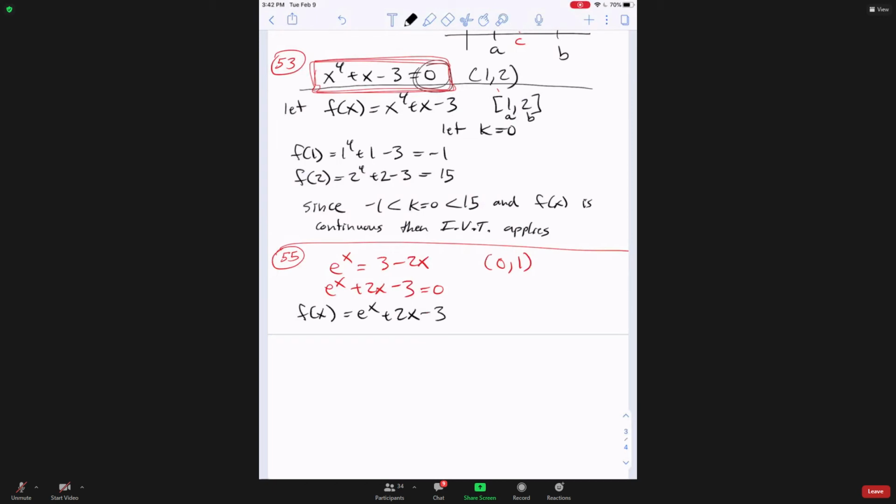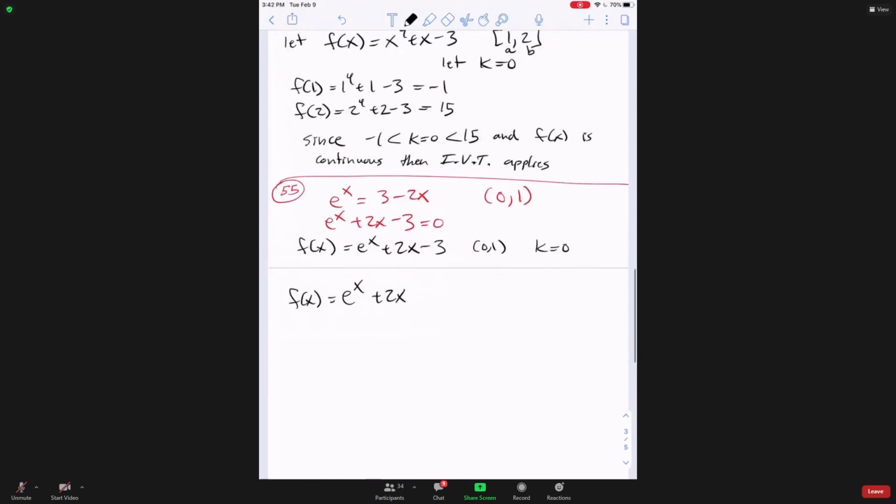So you could have left the number 3 on the right, and on 0, 1, let k equal 3. I'm going to do it with k equal 0 because it's equal to 0. Someone else doing the problem could have said, hey, e to the x plus 2x, and if the 3 is on the other side, it would be positive 3.